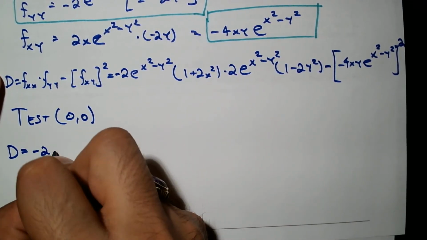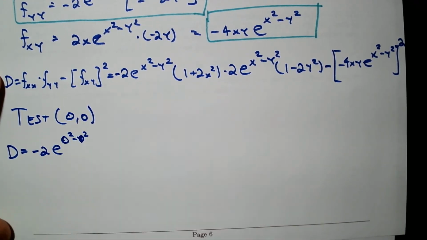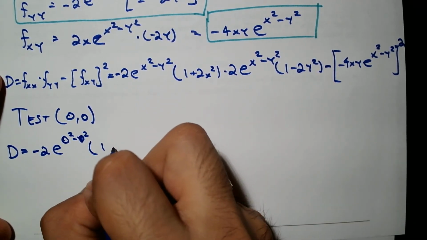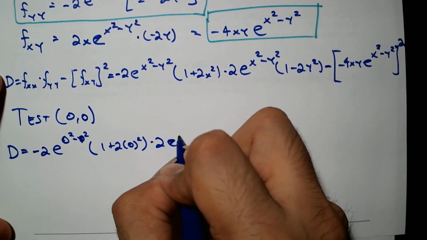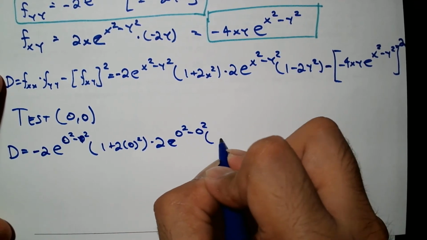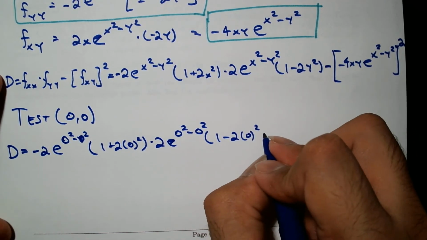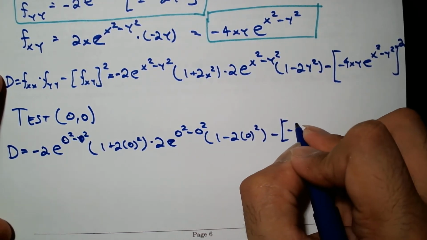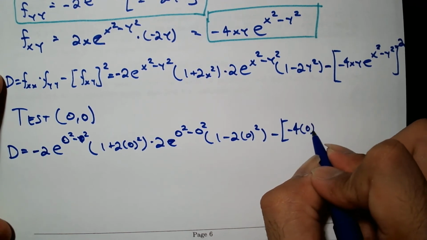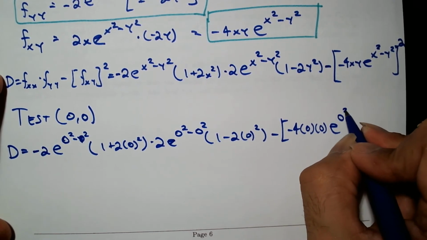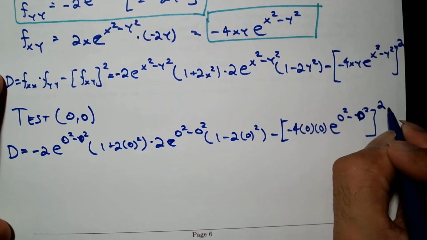So negative 2 e to the 0 squared minus 0 squared, times 1 plus 2 times 0 squared, times 2 e to the 0 squared minus 0 squared, times 1 minus 2 times 0 squared, minus negative 4 times xy, which is 0, 0, e to the 0 squared minus 0 squared, the whole thing squared.